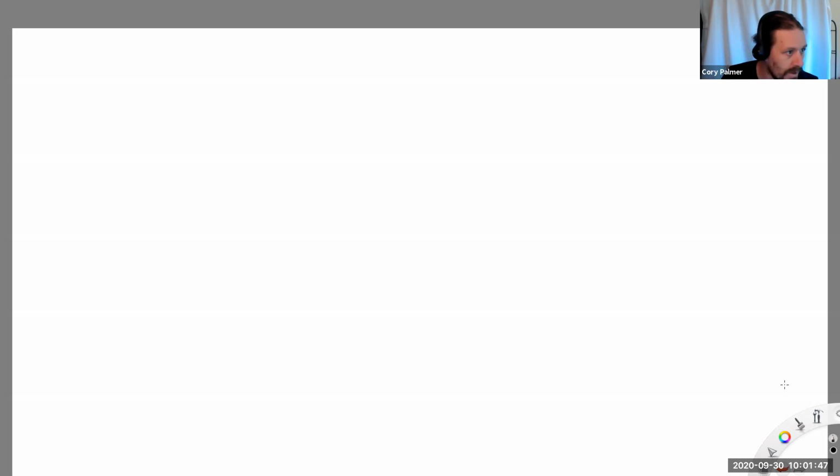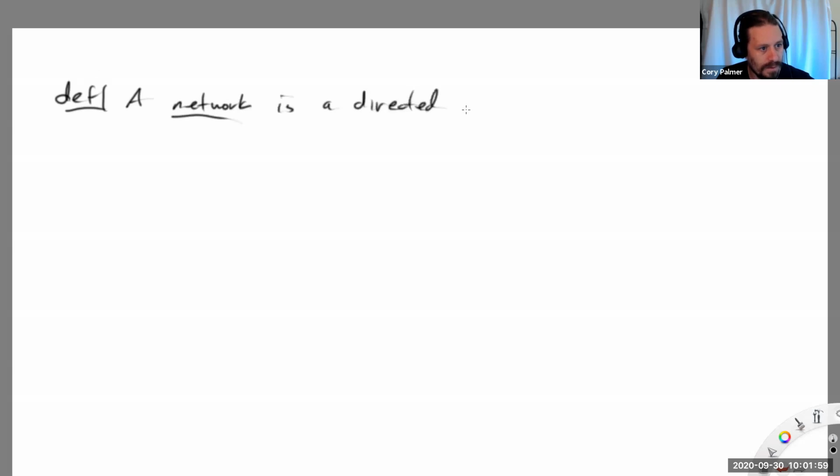Okay, so what is a network? So a network is a directed graph, D, with a couple of special things. So there's a source and a sink vertex, and then there's something called a capacity function.